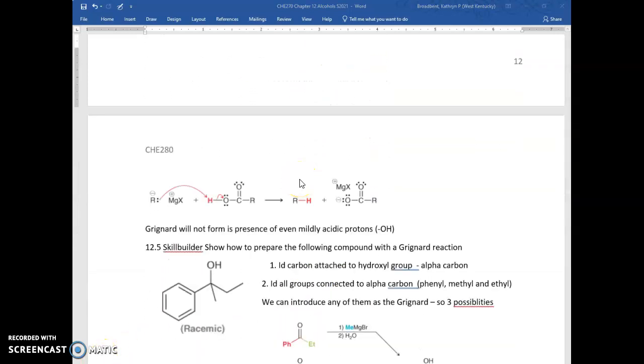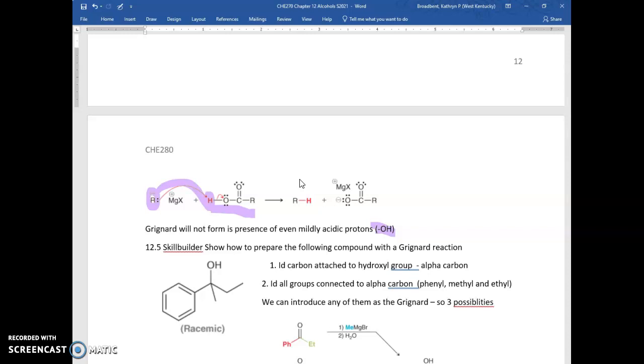So here we have our carboxylic acid, and this is our Grignard reagent, and it's going to remove this hydrogen, and so this reaction will not occur. So you can't have the Grignard reaction in the presence of water or even mildly acidic protons like an alcohol.